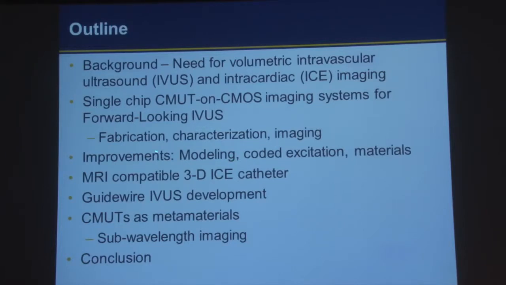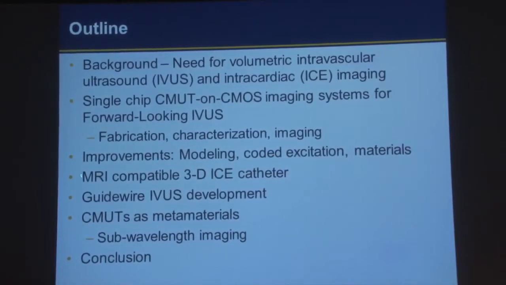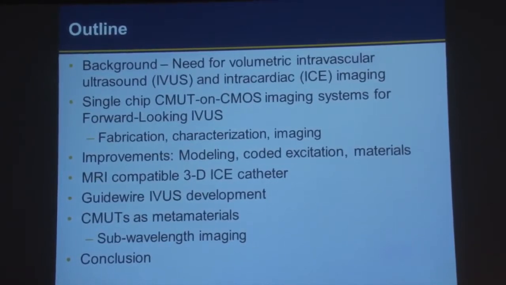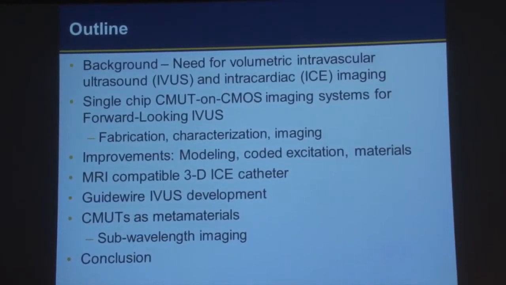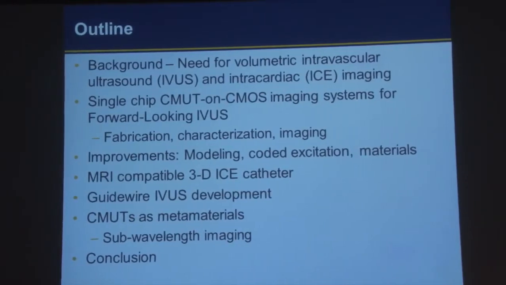And after the baseline technology, how we can improve things through modeling, some excitation techniques, and also changing some fabrication materials, which enables us to, for example, move to maybe a 3D ICE catheter, which will be MRI compatible, or an intravascular IVUS imaging on a guide wire, 360 micron guide wire, through integration.